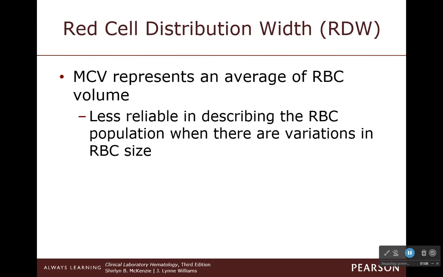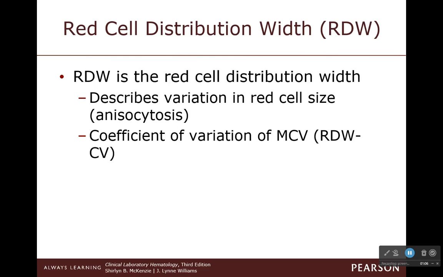All right. RDWs. Let's talk about RDW a little bit. MCV represents an average of the RBCs, less reliable in describing the RBC population. So we use red cell distribution width, RDW. Okay? So this describes a variation in red cell size. All right?